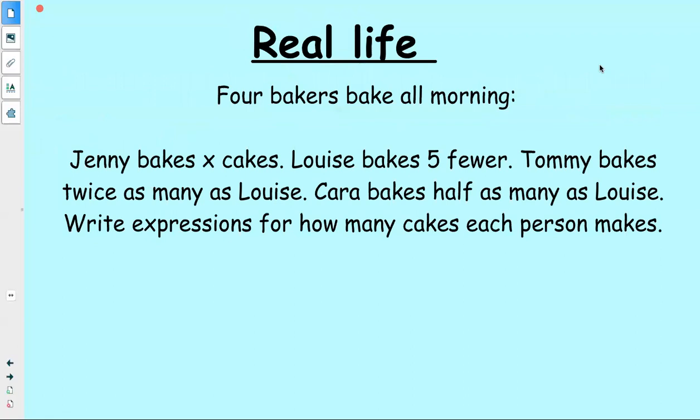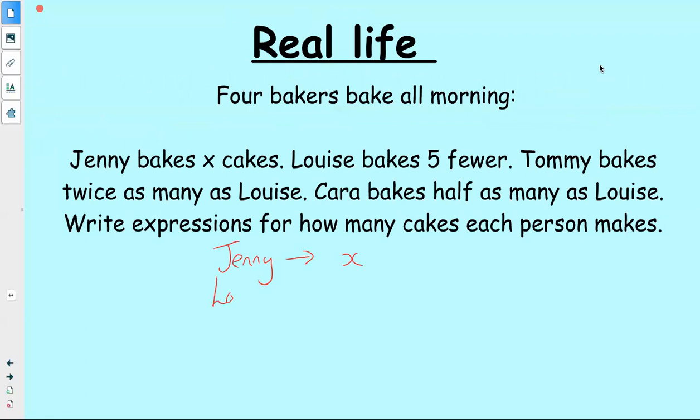Okay, 4 bakers bake all morning. Jenny bakes x cakes, Louise bakes 5 fewer, Tommy bakes twice as many as Louise, Cara bakes half as many as Louise. Write an expression for how many cakes each person makes. Okay, so Jenny, she makes x cakes, so that's easy. Just x, nothing happens.